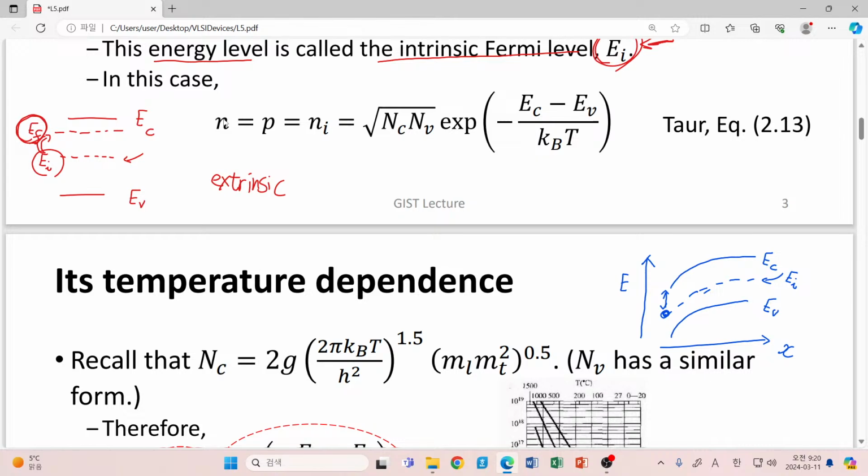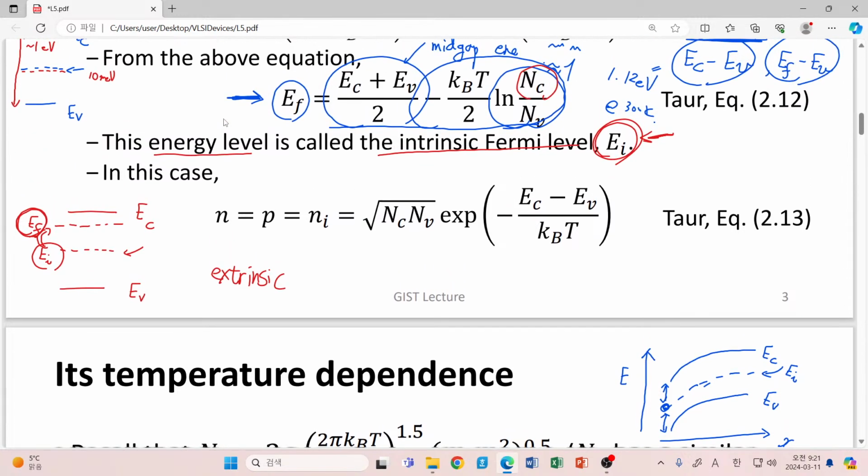And also once we know it, by going down approximately half band gap, you will see the valence band maximum. The exact value is available. So instead of sticking to the conduction band level or valence band level, this is the typical way of representing position dependent energy levels. So are you all with me?